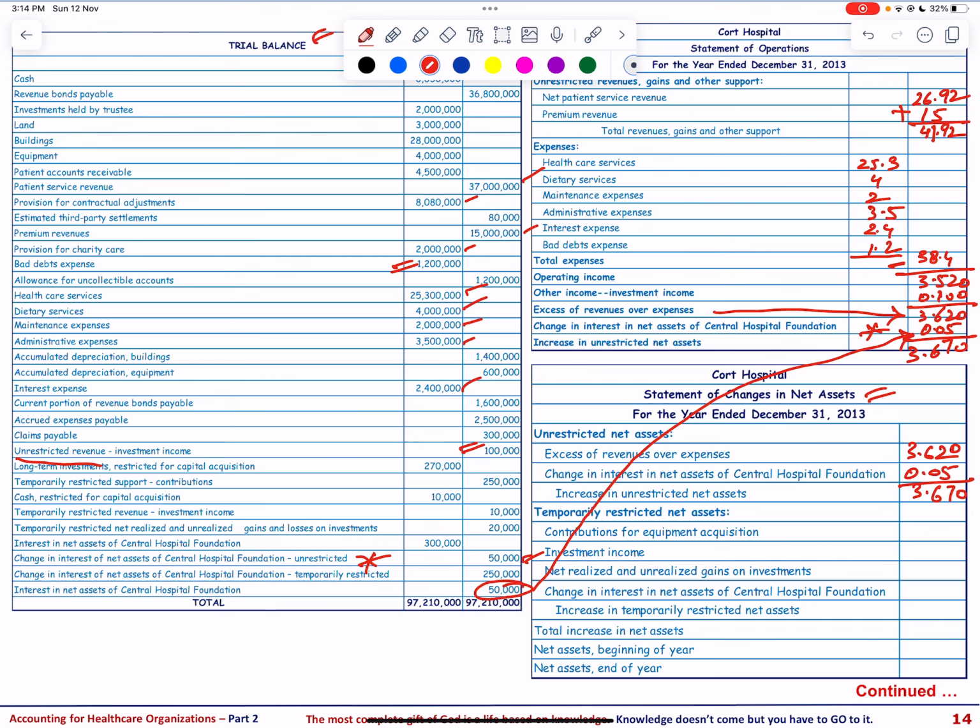Then we have contribution, temporarily restricted support contribution of 250,000, that is 0.25. Then we have the investment income, and the investment income is 10,000. Then the net realized and unrealized gains on investment is 20,000.